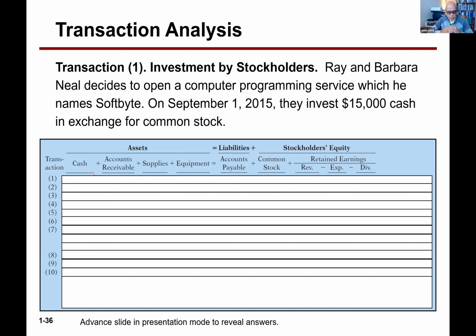So guys, be prepared. I'm going to be asking you to call out to me, so you're probably going to want to unmute pretty quick. I'm going to be asking you to call out to me what happens to what account based on the description of the transaction.